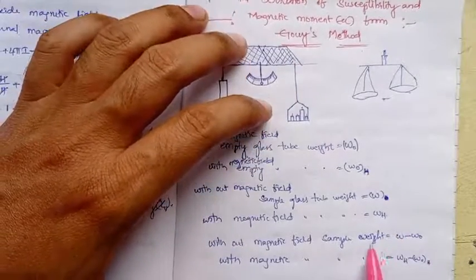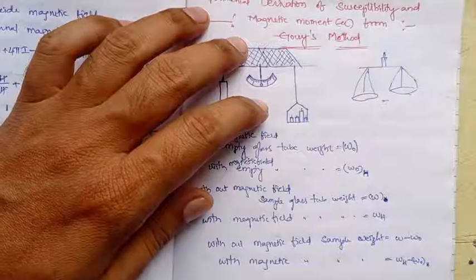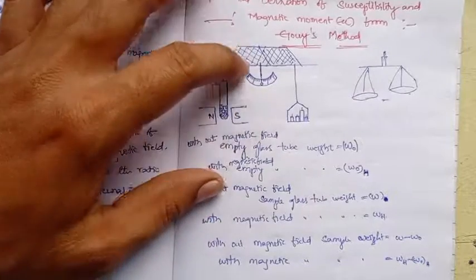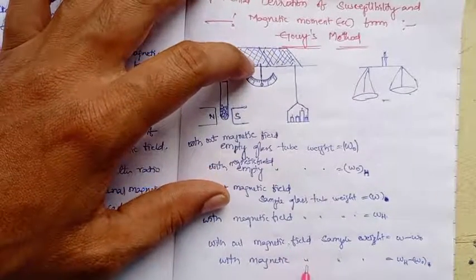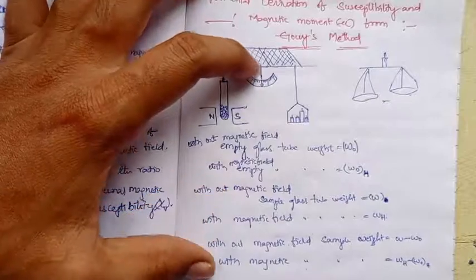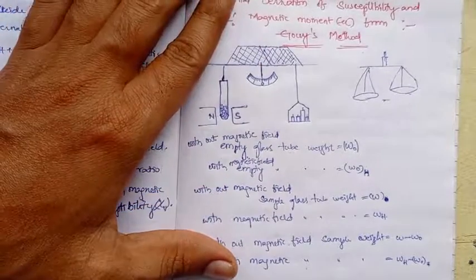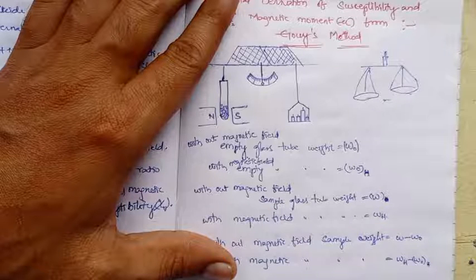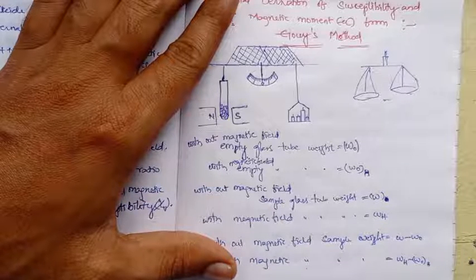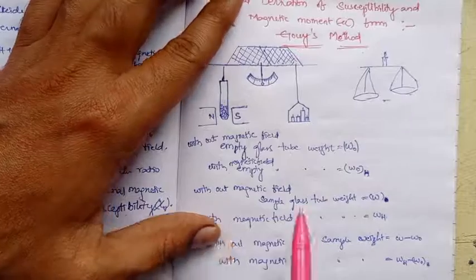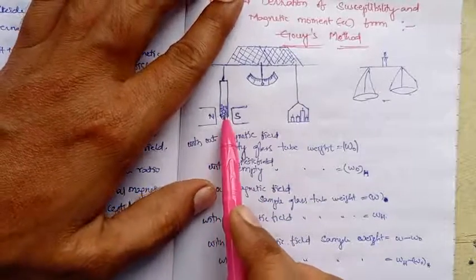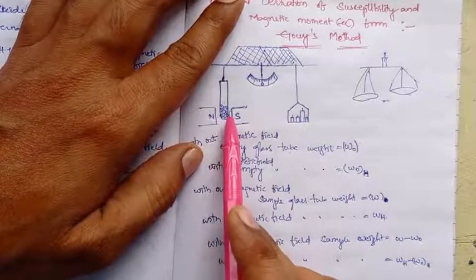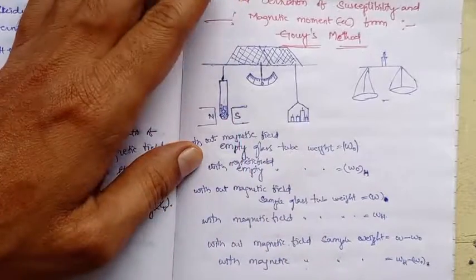There certainly will be some difference between the weight with magnetic field and without magnetic field, right? Why does this difference in weights take place? When we apply the magnetic field, a certain weight change in the sample takes place.